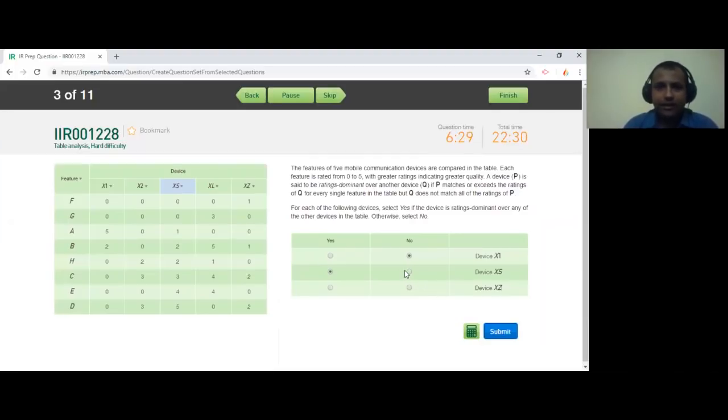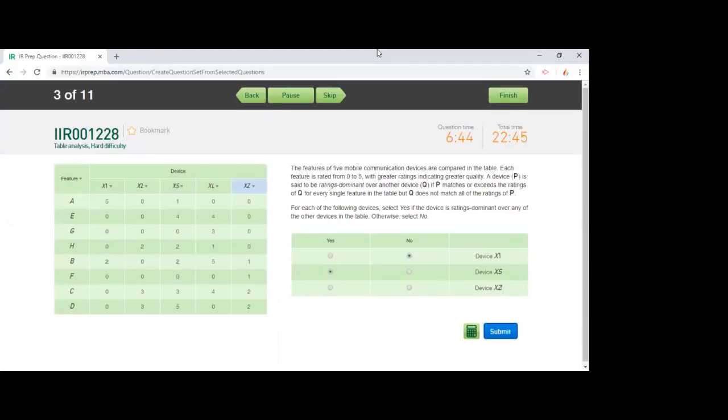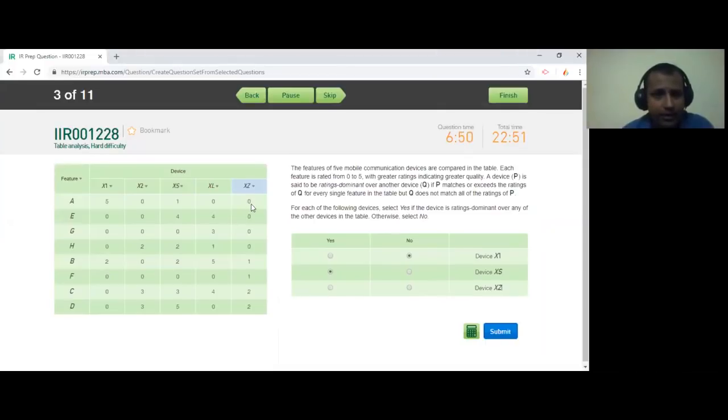Good that you clarified that. We are learning how the problems become difficult. Great. Moving on to this XZ. Let's see again. It's not dominant according to me. Yeah, very quickly we need to see XZ versus all the other 4 columns.